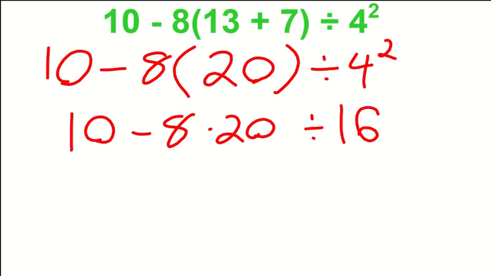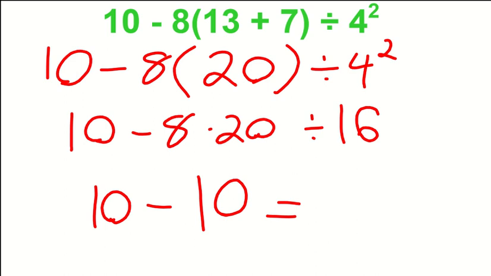So we got 10. 8 times 20 is 160. 160 divided by 16 is 10. And what's 10 minus 10 then? Hey, look at that. Okay? Any questions on that?